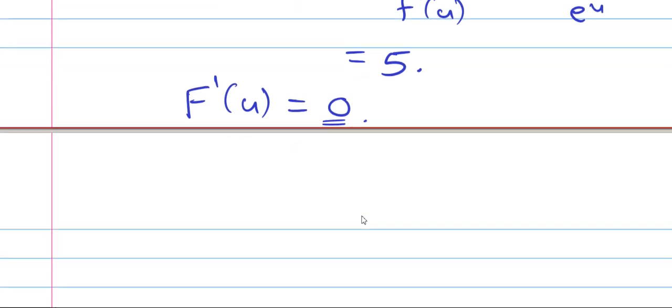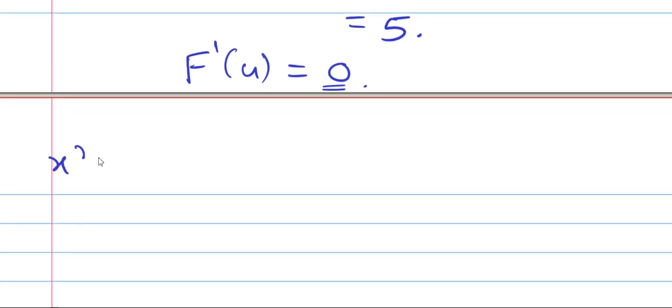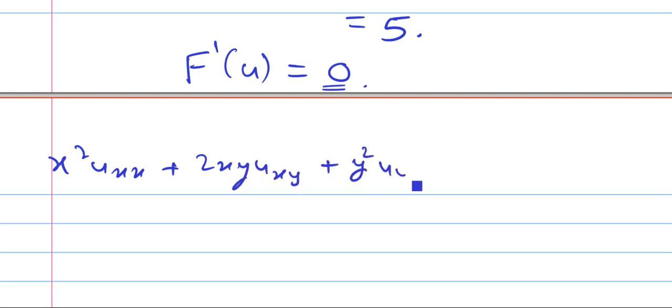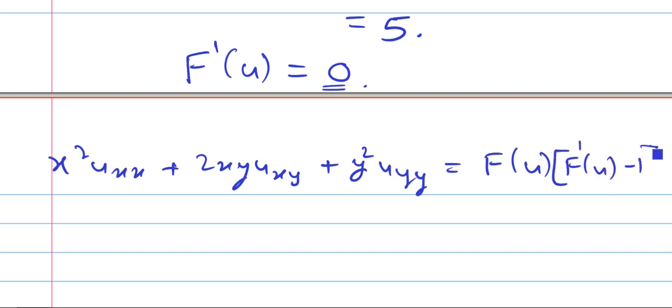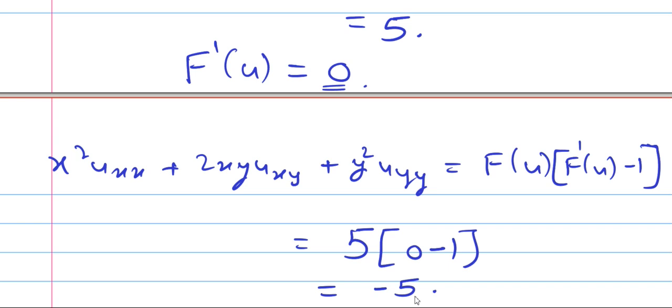The second derivative is capital F of u times (capital F dash u minus 1). Substituting capital F of u as 5 and capital F dash u as 0, minus 1, the answer for this question is minus 5.